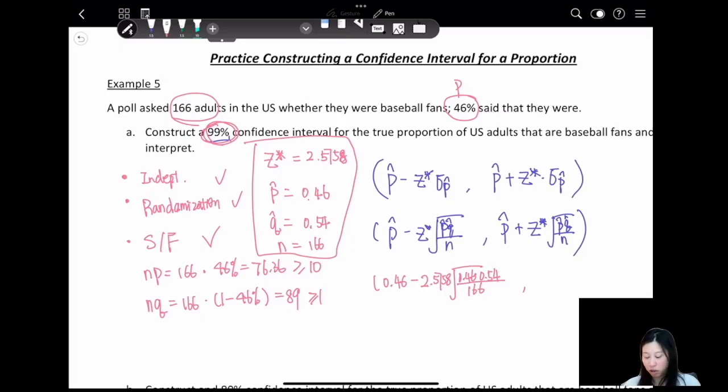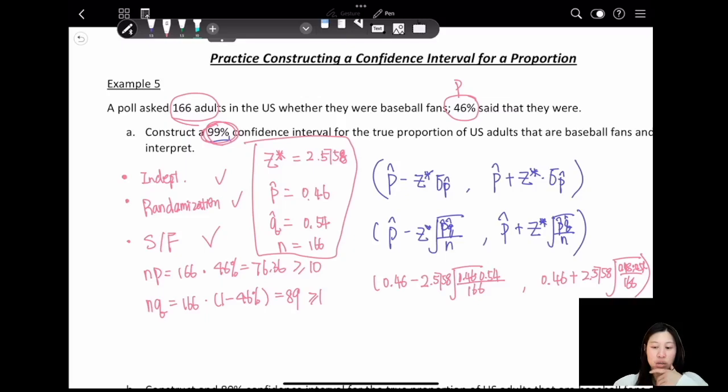The upper bound is the same, but instead of subtracting, we add. Basically we're just plugging in the numbers.